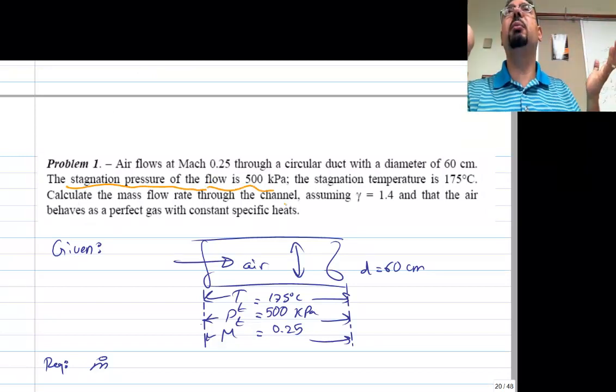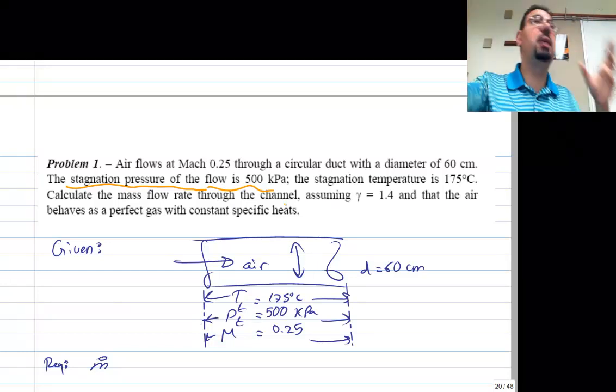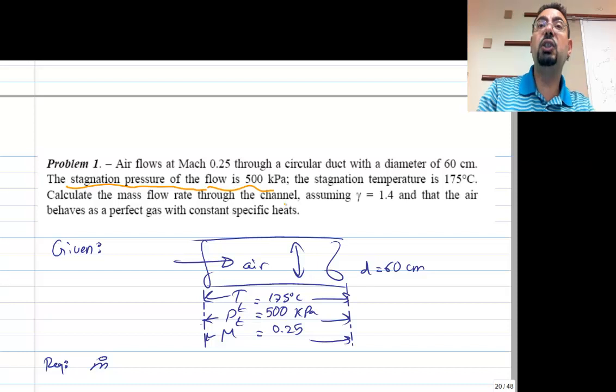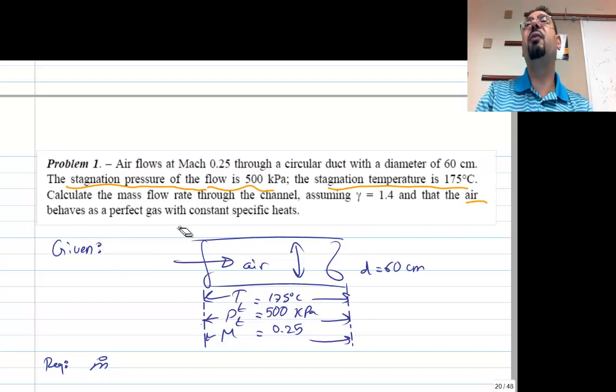Somehow he managed to measure them, taking a sample and slowing it down isentropically. So those are the stagnation pressure and the stagnation temperature. And he gave us gamma 1.4, and it's air, and air behaves as a perfect gas with constant specific heat. What he wants from us is to calculate m dot.